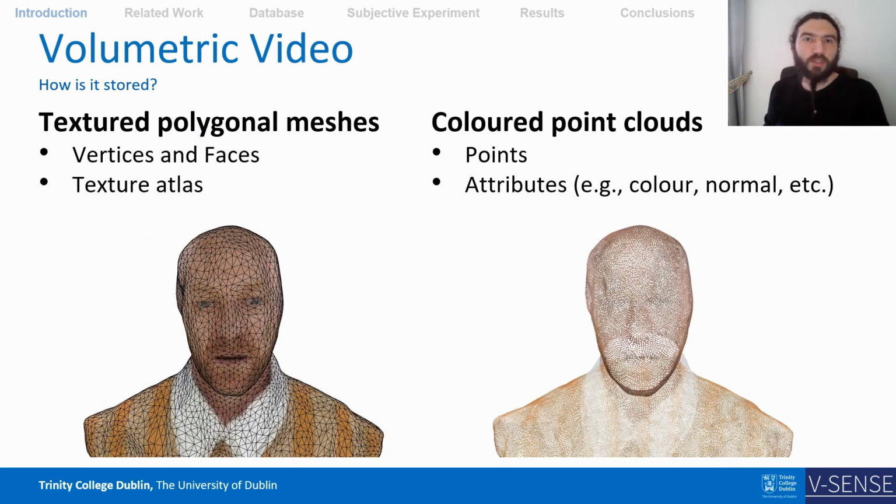There are two options to store the volumetric videos, using textured polygonal meshes or colored point clouds. Textured meshes have vertices and faces, which entails connectivity information. These faces can then be rendered with a texture using the texture atlas provided. Colored point clouds instead do not have any connectivity information.